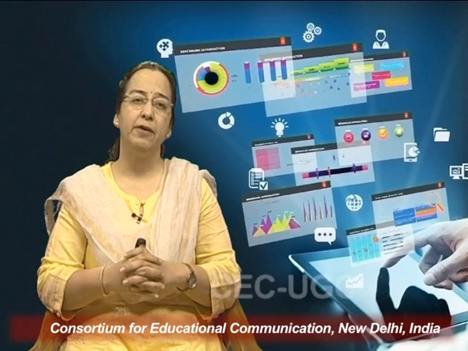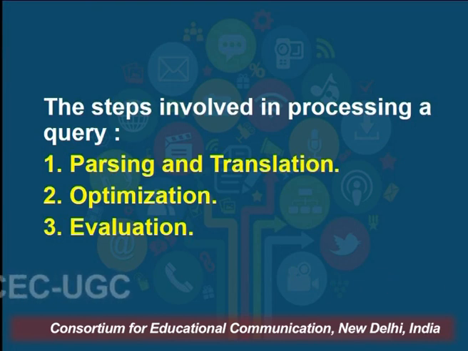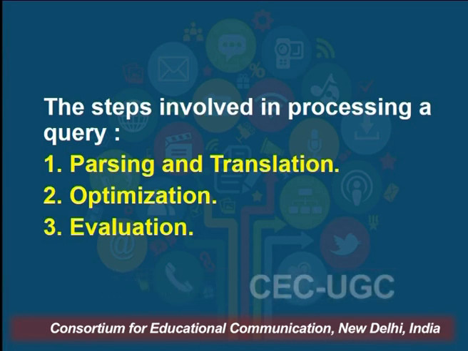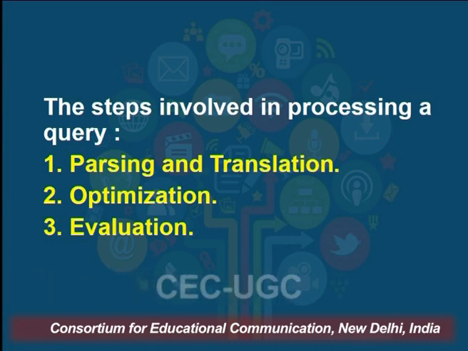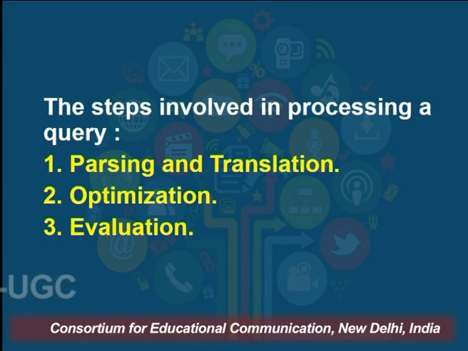So the steps involved in the processing of a query are basically three, as you can see here. One is parsing and translation, which I was talking about: taking a high level SQL query and translating it into statements which can be executed at the physical level. In that first process, your system is going to parse the SQL query and then translate it. Then we have the next step, optimization.